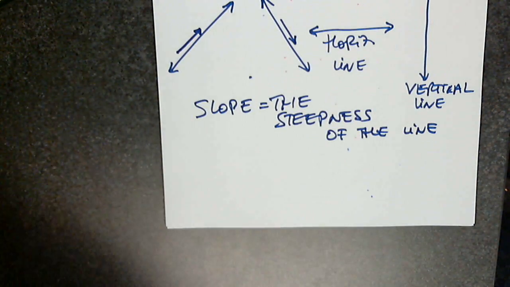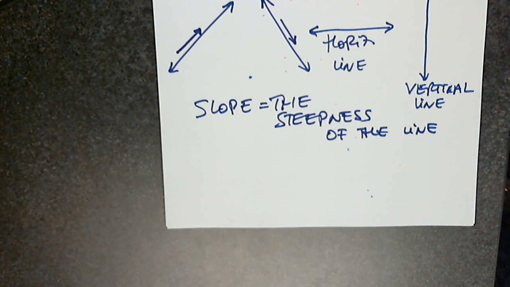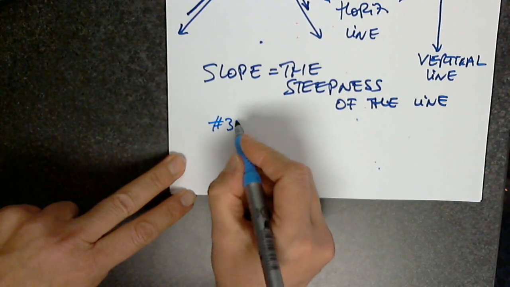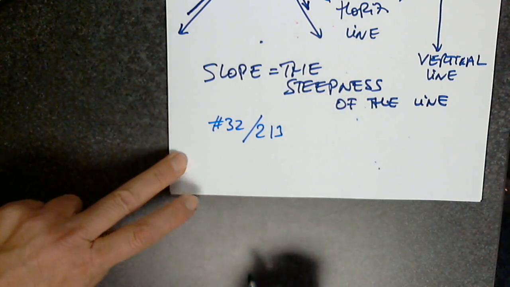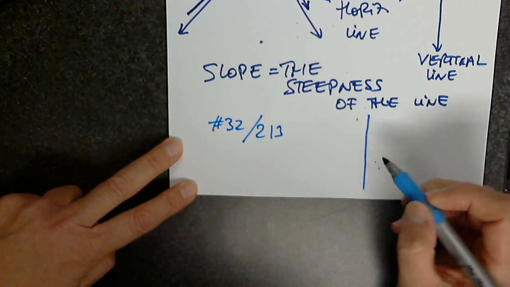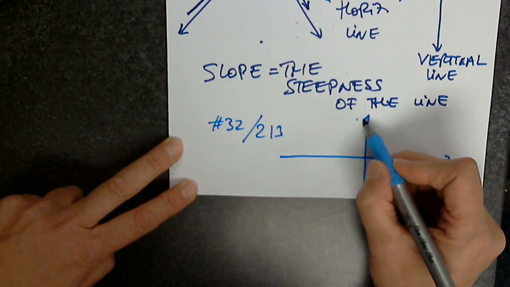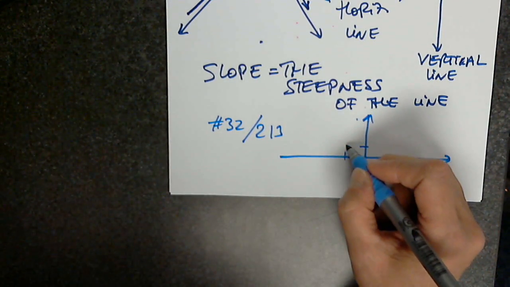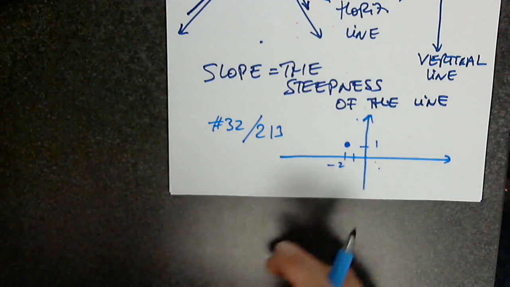I'm going to copy a graph from your book. I'm going to copy graph 32, problem 32, on page 213. And I see two points. They are giving us two points. They are giving us (-2, 1).